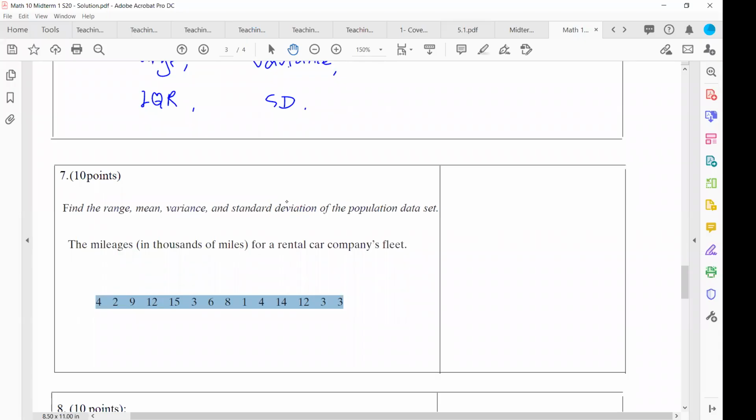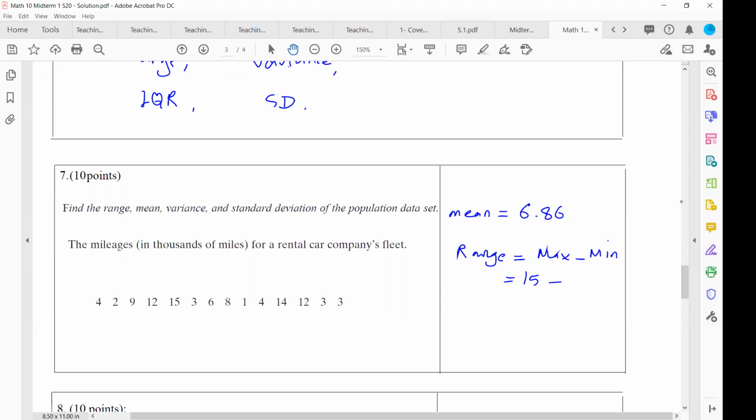So mean is 6.86. The range, which is defined as the maximum value minus the minimum value, can be calculated. 15 maximum value in your collection and 1 minimum value in your collection, which is 14.